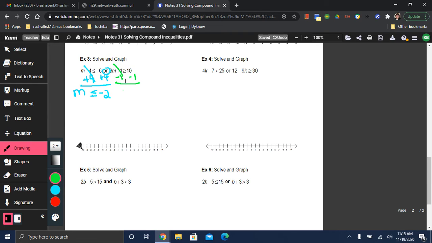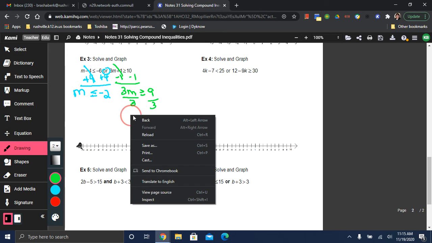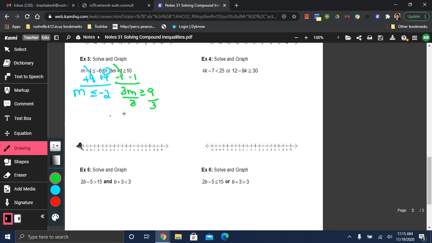That'll make that cancel. I'll bring down 3m is greater than or equal to, and then 10 minus 1 makes 9. I have to divide both sides of my inequality by 3, and that gives me m is greater than or equal to 3.